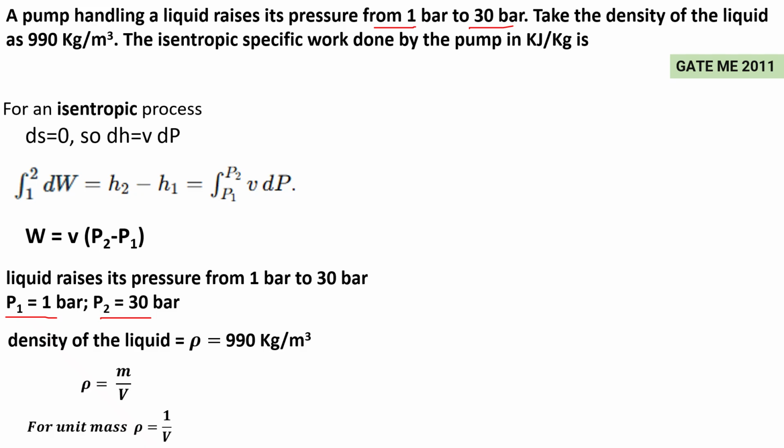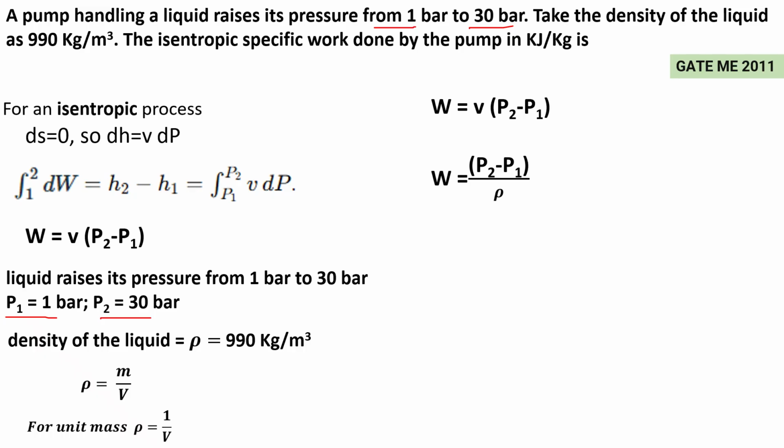We know that density rho equal to m by v. For unit mass m equal to 1, rho equal to 1 by v. So in the isentropic process, work done W equal to V into P2 minus P1. This V can be written as 1 by rho.